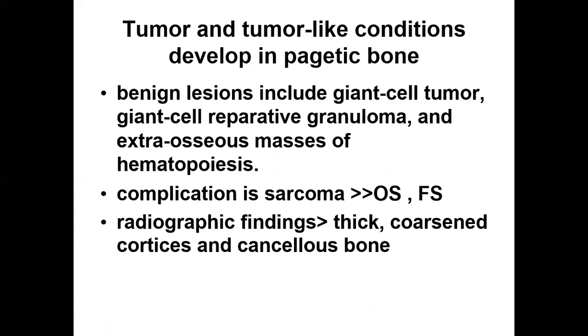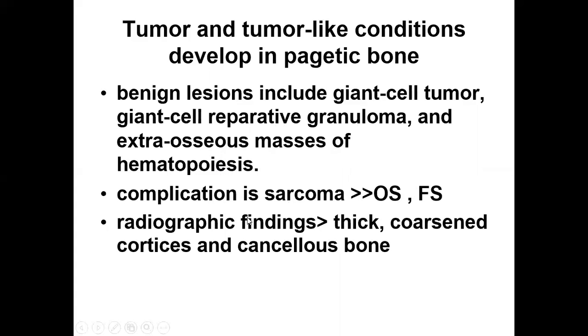Now, what are the tumors or tumor-like lesions which can develop in a pagetic bone? Benign lesions like giant cell tumor, giant cell reparative granuloma, or sometimes extraosseous masses of hematopoiesis. And the tumor which can arise in Paget's disease of the bone is osteosarcoma, or sometimes fibrosarcoma.